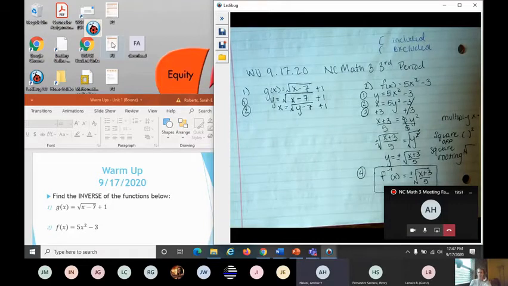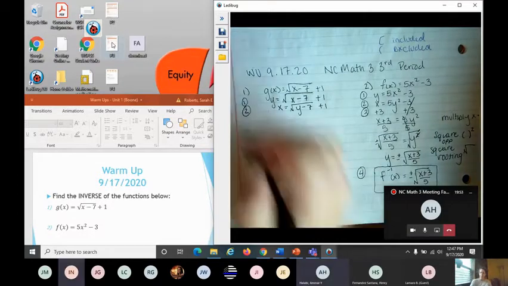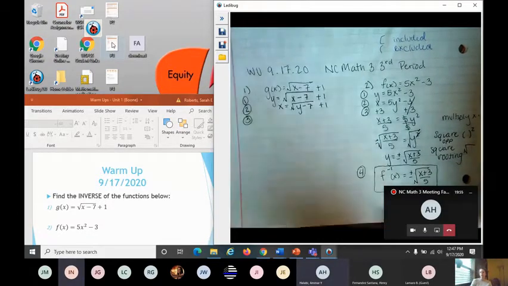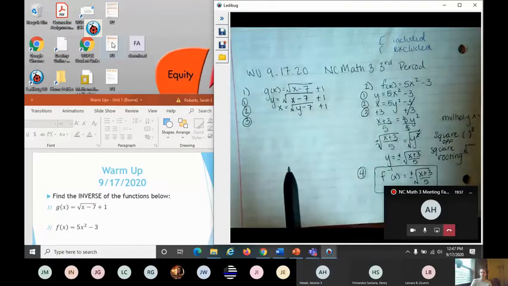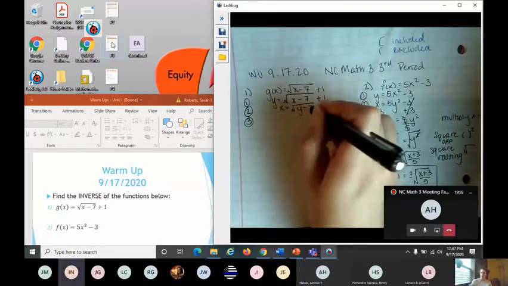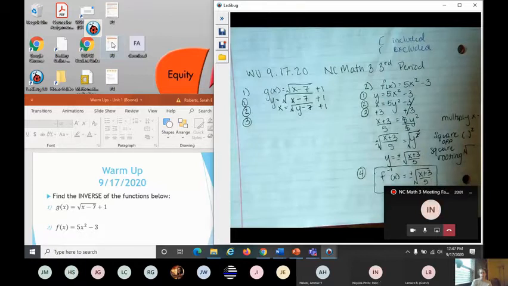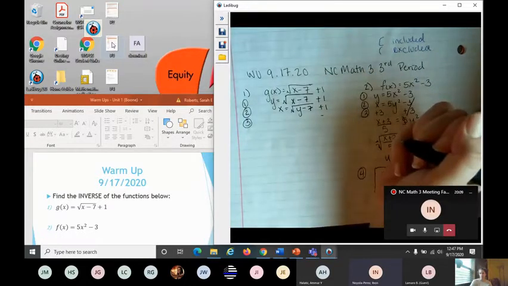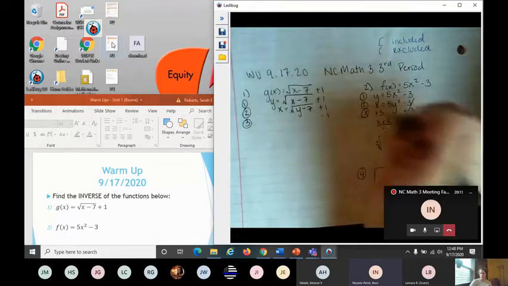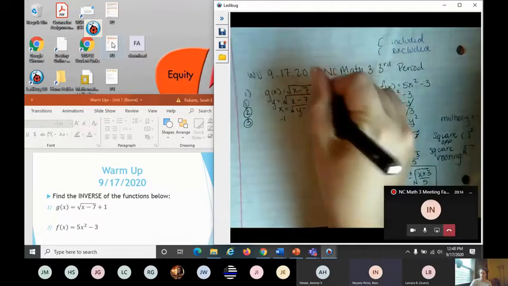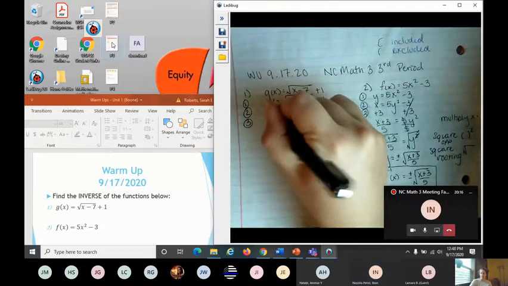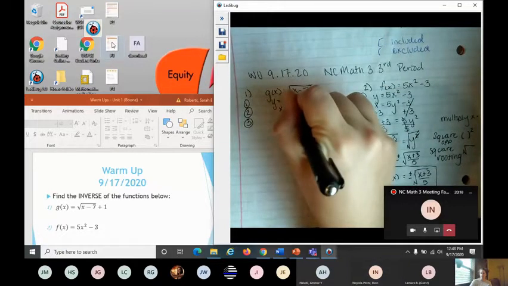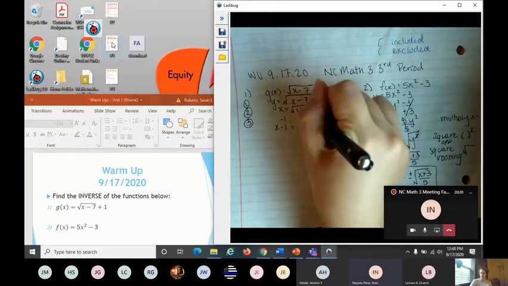Yvonne? Yes. I need you to help me solve this. So what's the first step in solving for y? Subtract. Yeah. What am I subtracting? 1. Okay, and from both sides, I'll have x minus 1 equals the square root of y minus 7.